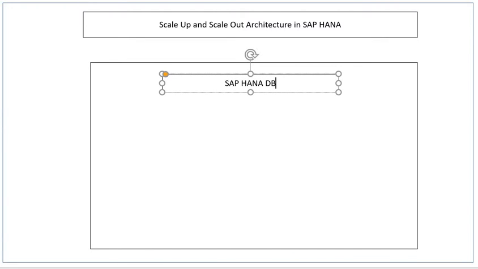And here in this case, it is used as a multi-tenant database. Multi-tenant database means that you have multiple databases inside one database called SAP HANA. So SAP HANA provides these multi-tenant capabilities, meaning that you can have different levels of database which you can use as per your need.